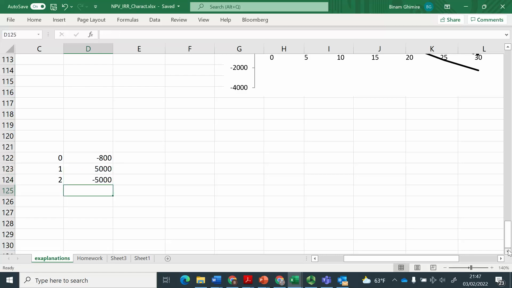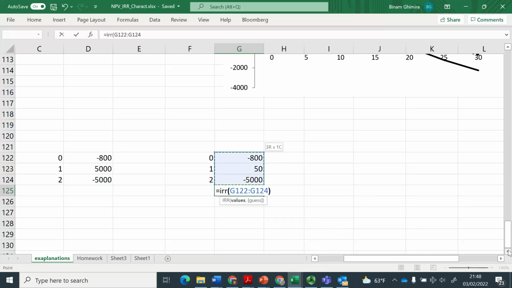Okay. For example, so sometimes IRR cannot be computed. For example, if you change, let's say here, okay, this cash flow, I'll put it here, and let me change this to some number like 50 and try to compute IRR.